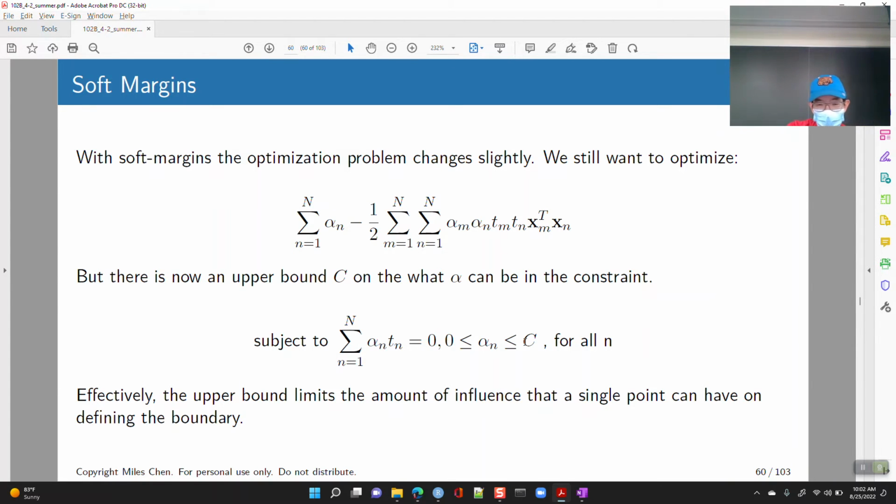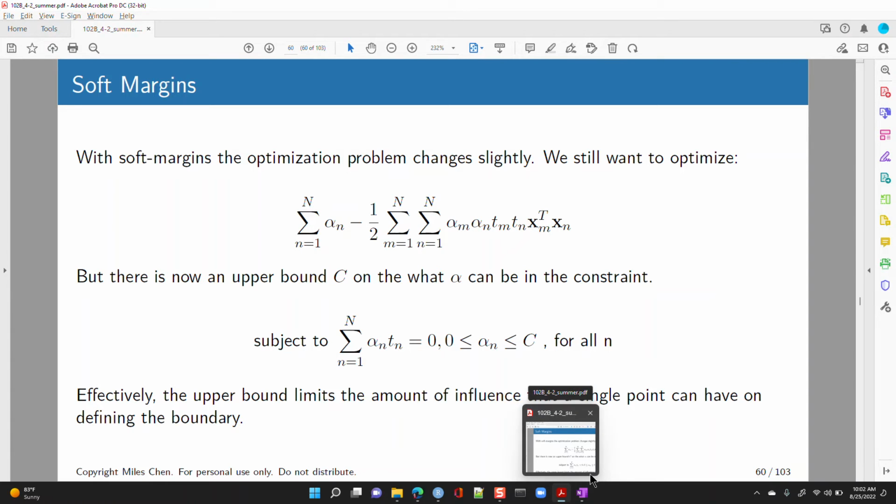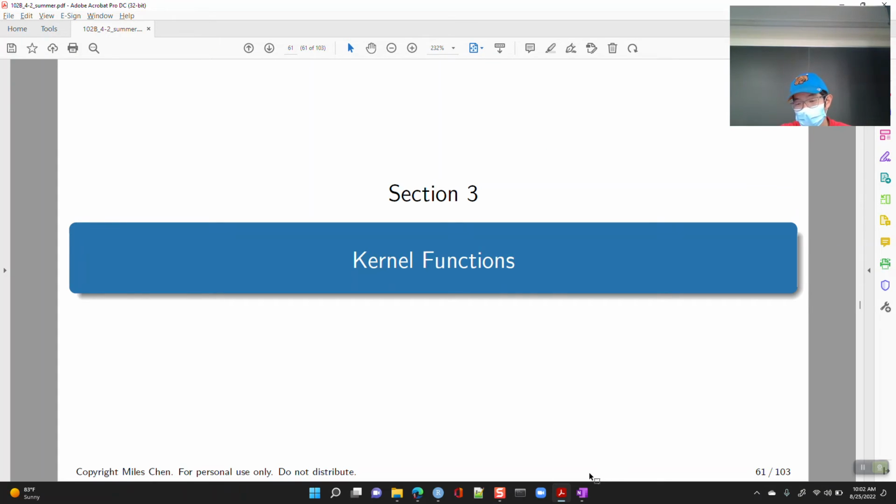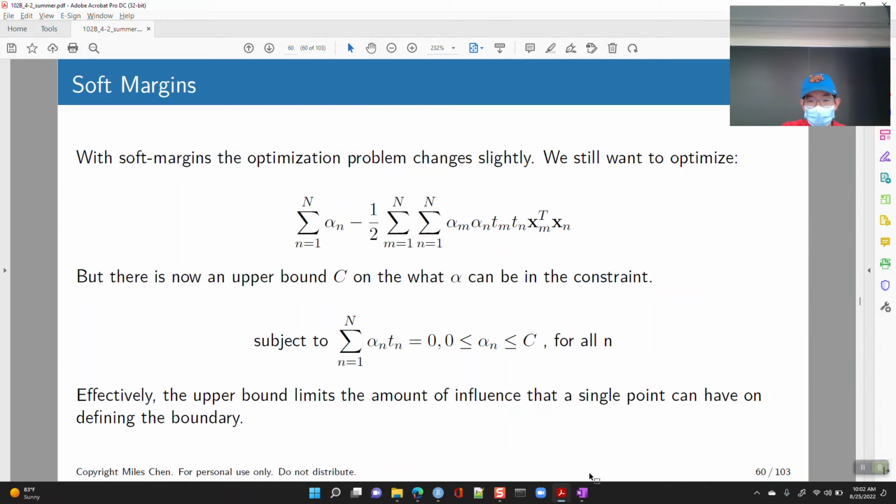When we solve, we're going to put an upper ceiling on this, and this will allow for points to fall within the margin. So we don't need to have data that is perfectly linearly separable. And so, we're going to put a limit on how much a single point can influence defining the boundary. Is basically what we're going to try to do here.